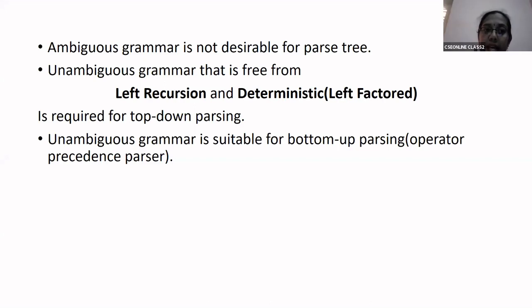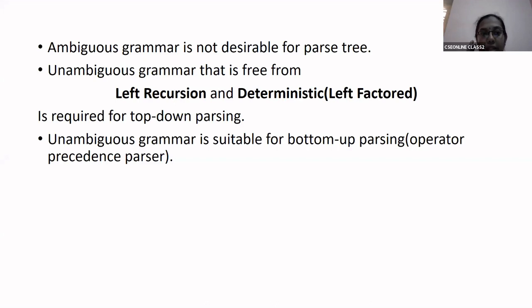The second rule is that the unambiguous grammar should be free from left recursion. I'll tell you what exactly left recursion is.